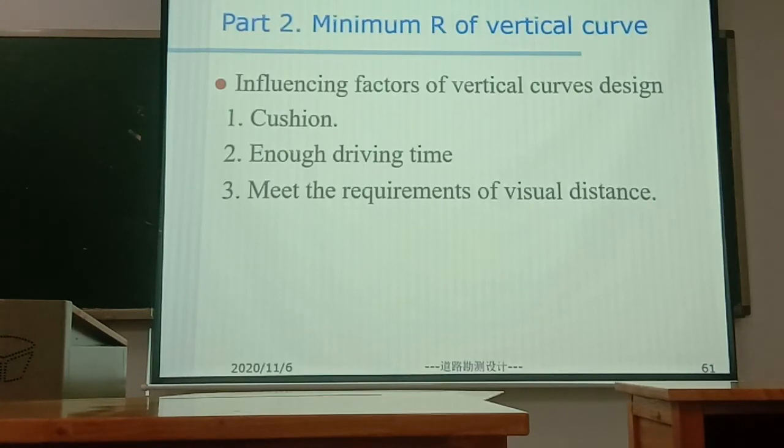The formula 3.60, and a is equal to 0.278 meter per square second. Do you see it?